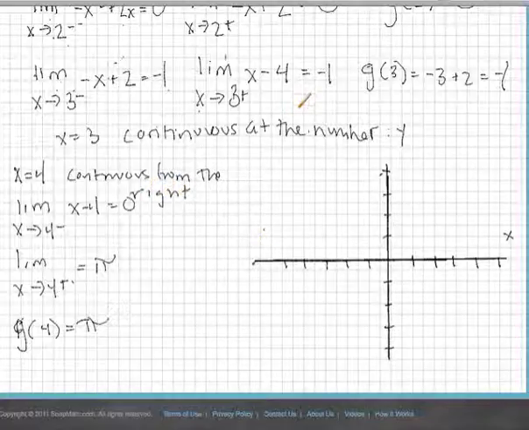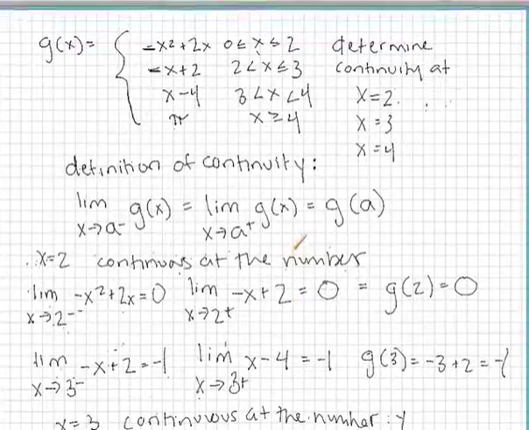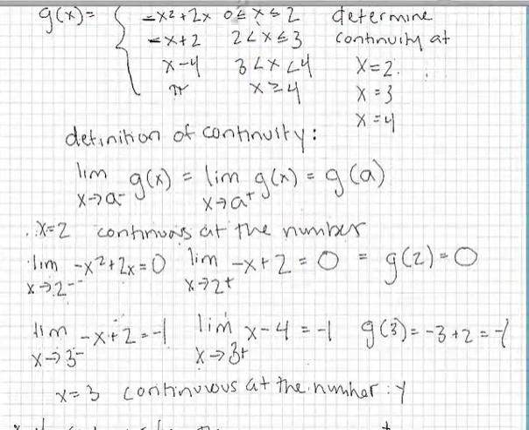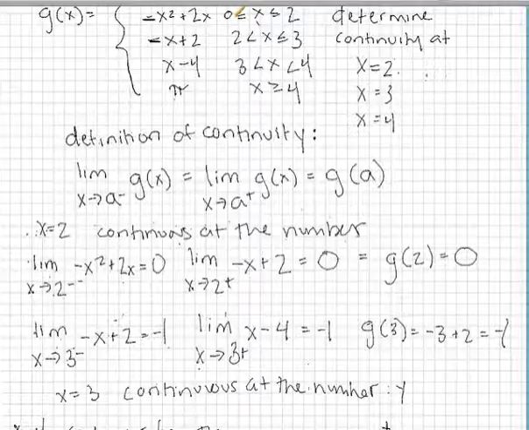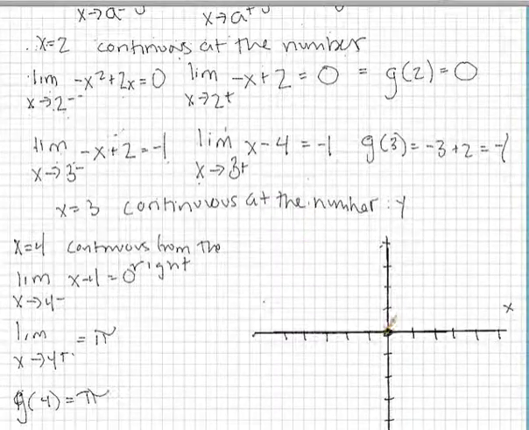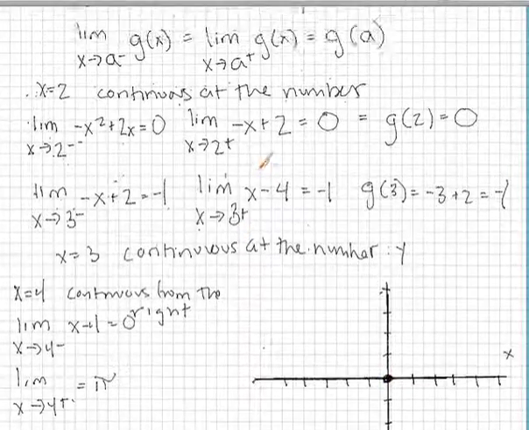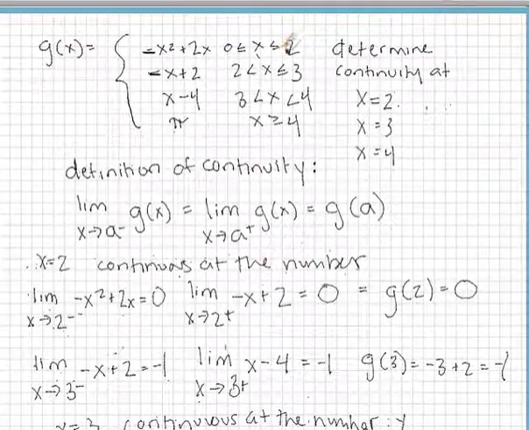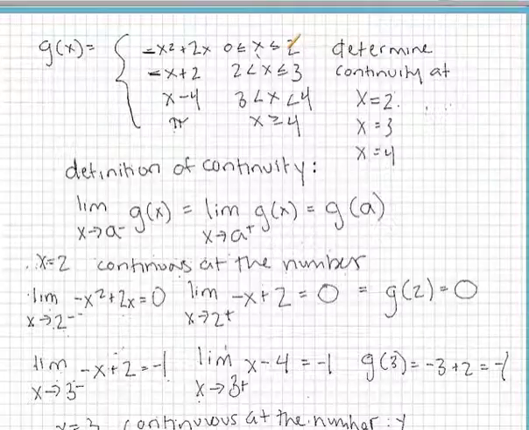Okay, now let's go ahead and look at the graph of this function. For the graph of this function, I'm going to look at the pieces where the function is split up. It looks like we start at x equals 0. So I'm going to put a closed dot at x equals 0. And then my function continues over to x equals 2, and it is allowed to equal 2.